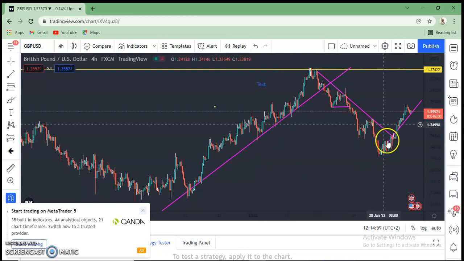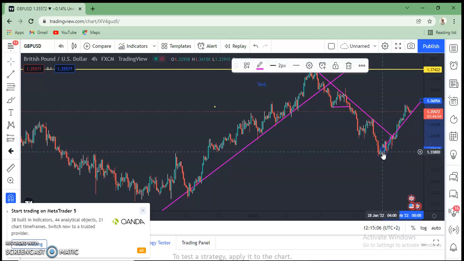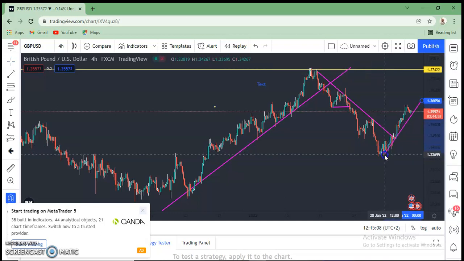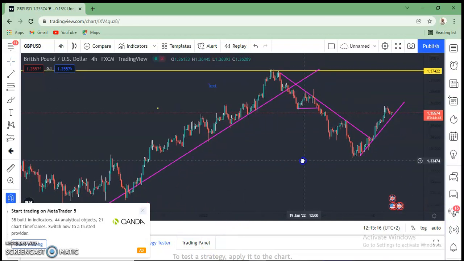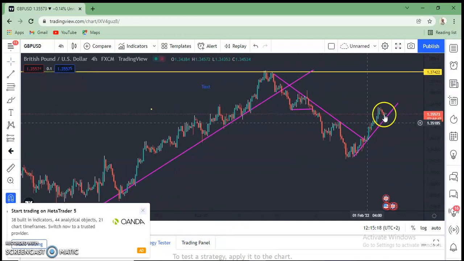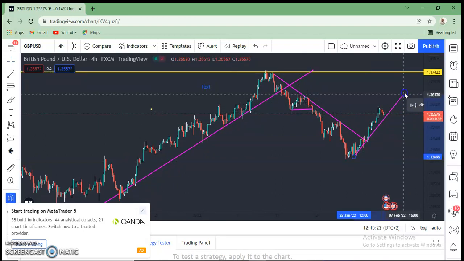I just told you the previous market performances usually predict the future market performance. So through that we can predict what is likely to happen.